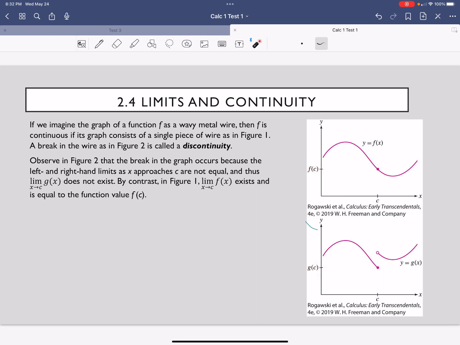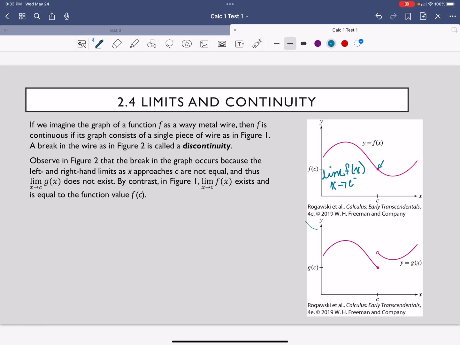Okay, so there are a couple of different things that we want to look at for this particular function, the parts that make it continuous. We've talked about approaching from the left and the right. So if we looked at this situation right here, we would look at the limit of f of x as x approaches c from the left, and we are approaching this point right here.